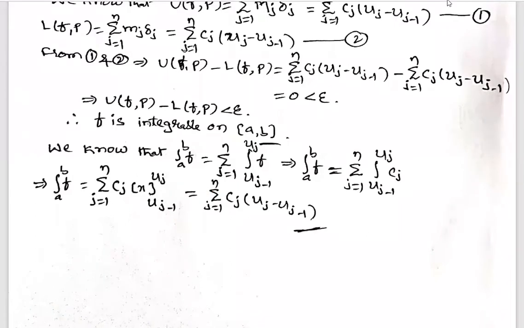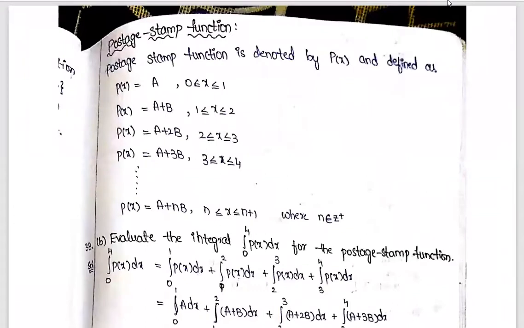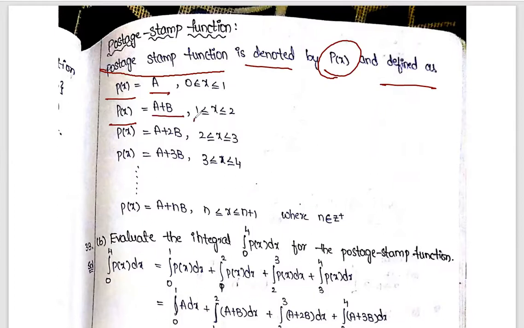And then you have the postage stamp function. So what is the postage stamp function? We'll just look into it. The postage stamp function is denoted by P(x), and it is defined as P(x) equals a if x lies between 0 and 1, P(x) equals a plus b if x lies between 1 and 2, and P(x) equals a plus 2b if x lies between 2 and 3.